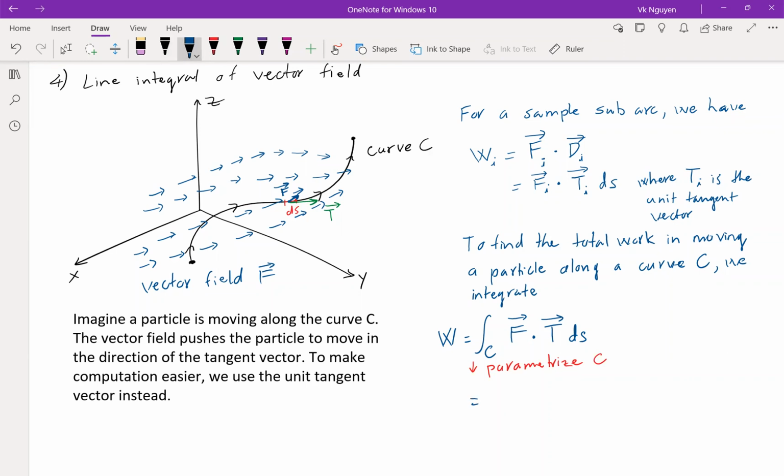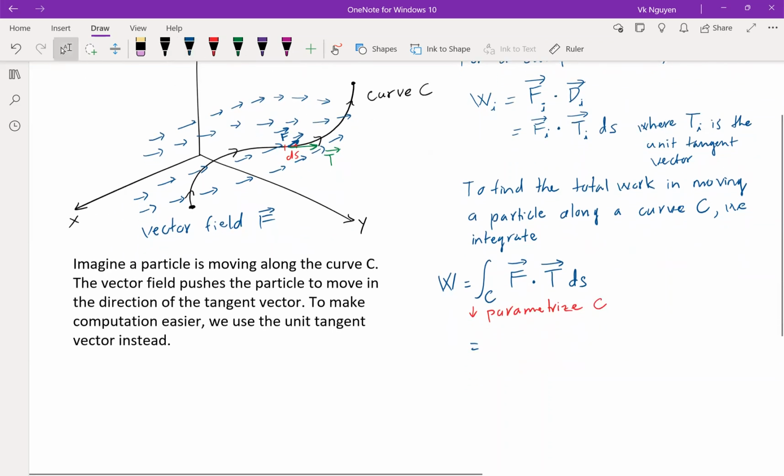A curve C here would be from A to B. We don't know, but I'm going to keep it as the curve C just to make it look nice, because the notation looks pretty nice. F is going to be a function of x, y, z.